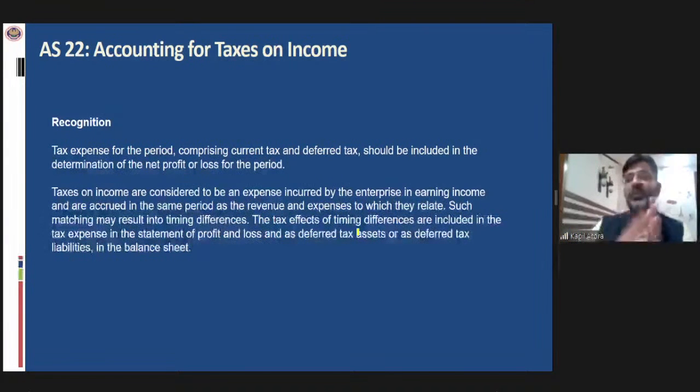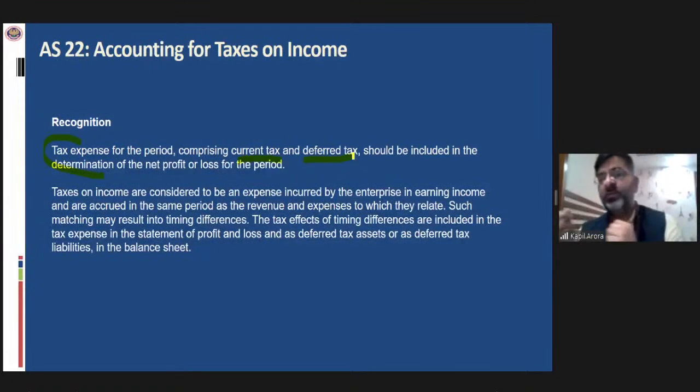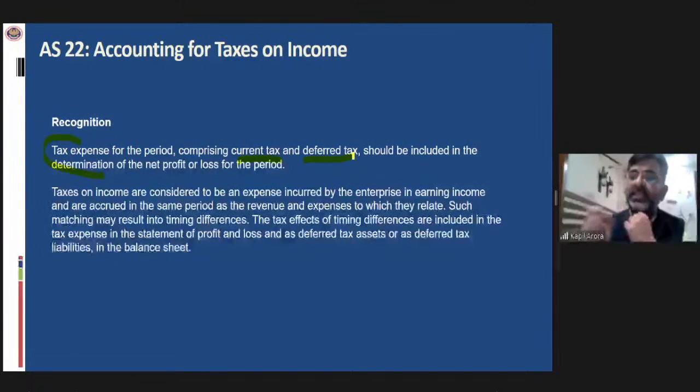So moving further, when do we recognize this? We have already discussed this. Tax expense for the period means current tax plus deferred tax together, right? And how do we get to know about the current tax? Current tax is nothing but the amount which we calculate on our taxable income. Whatever amount comes up on the taxable income will be treated as the current tax.